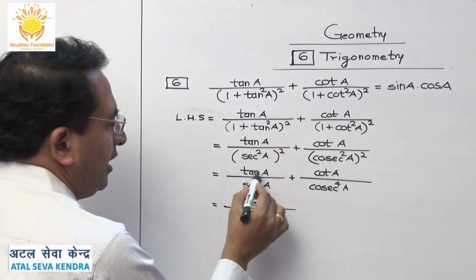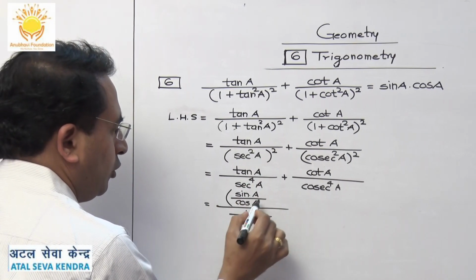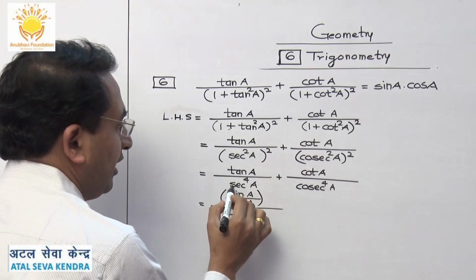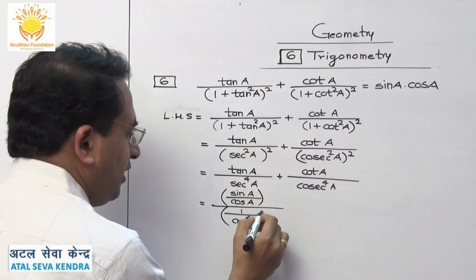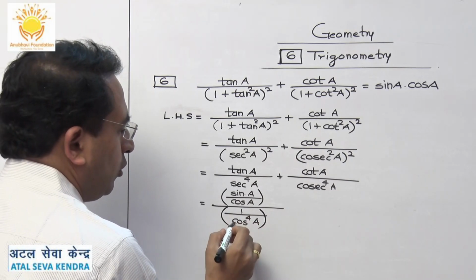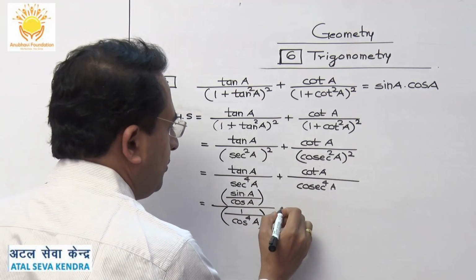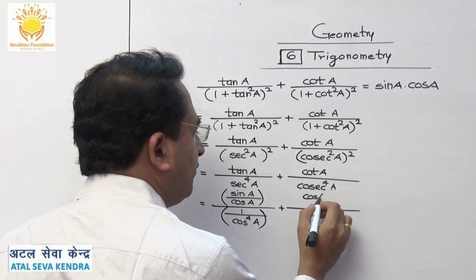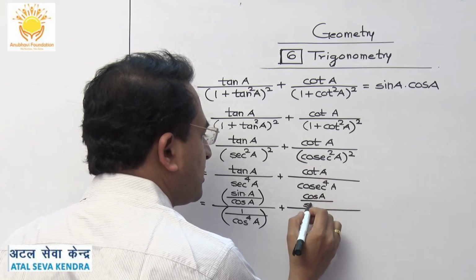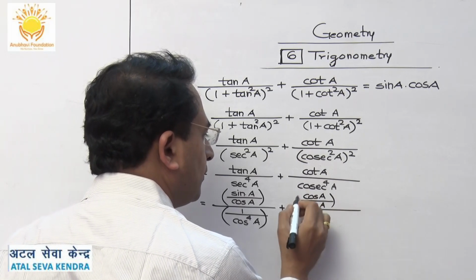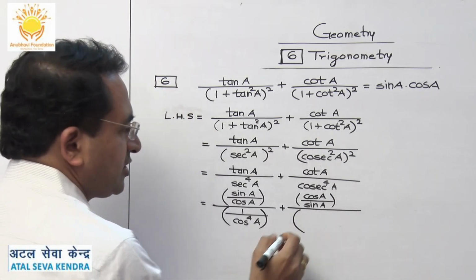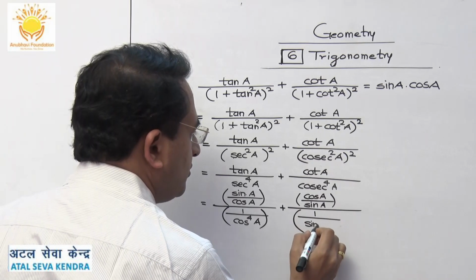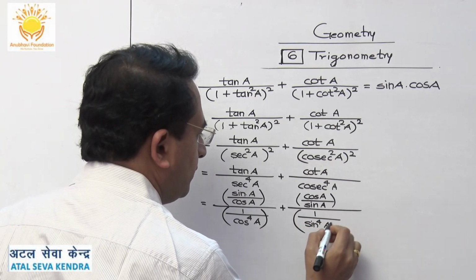See this, tan A is nothing but sine upon cos. And sec raised to 4A, that is going to be 1 upon cos raised to 4A. Then plus, what is the next one? This is cos of A upon sine of A. And this is going to become 1 upon sine raised to 4A.